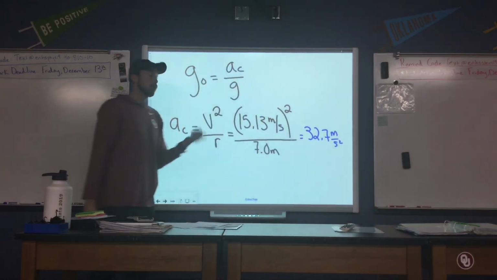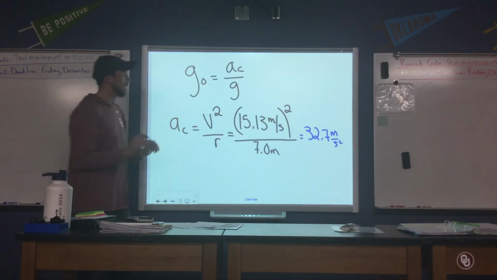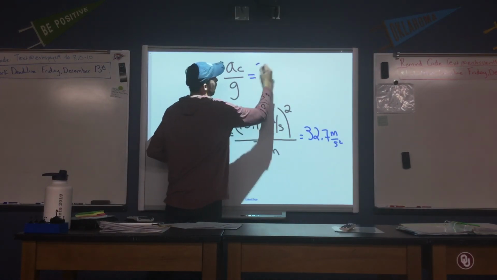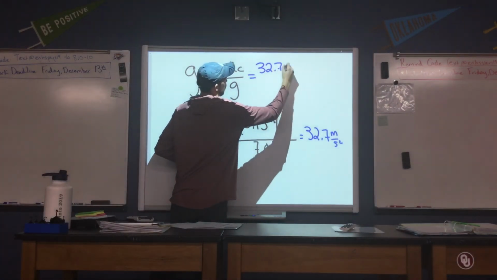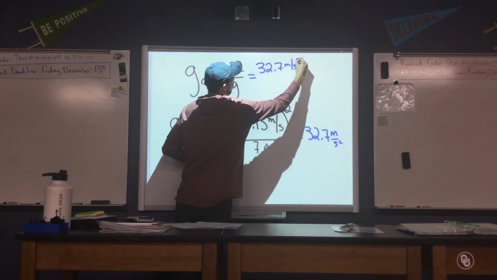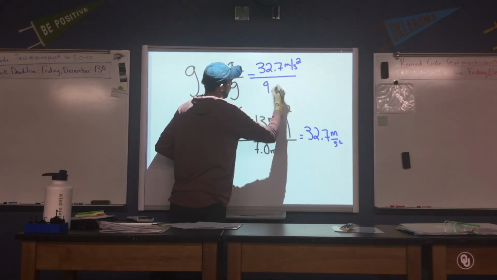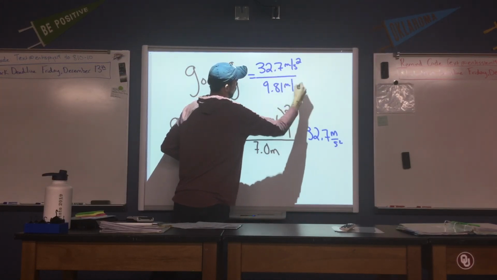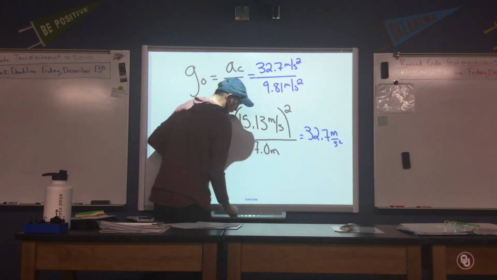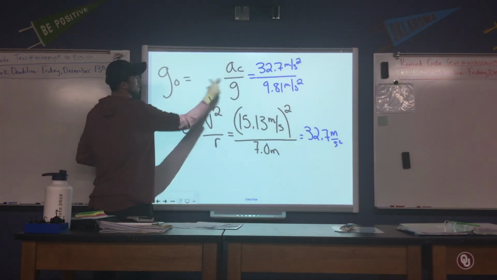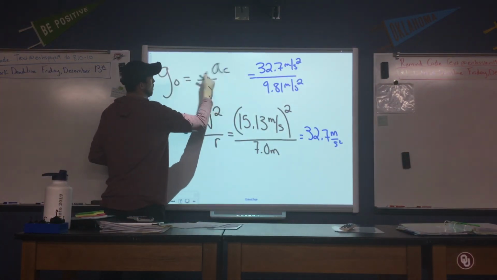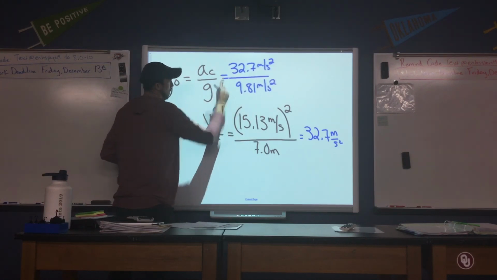So now that we have our centripetal acceleration, not too bad to find, we can plug into our equation for g-force. Our centripetal acceleration, 32.7 meters per second squared, divided by acceleration due to gravity for the Earth, 9.81 meters per second squared. Move this over a little bit so we have some more space. There we go.